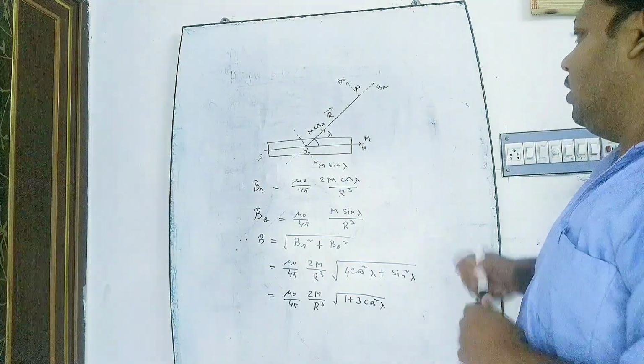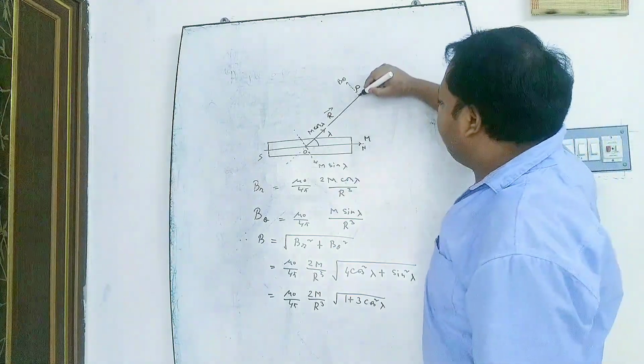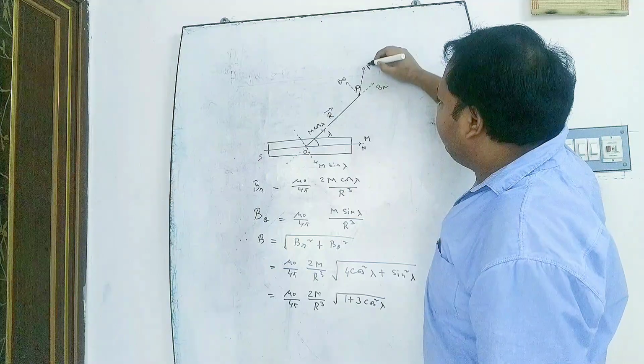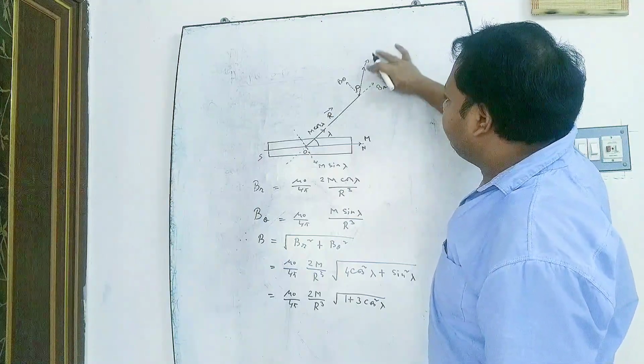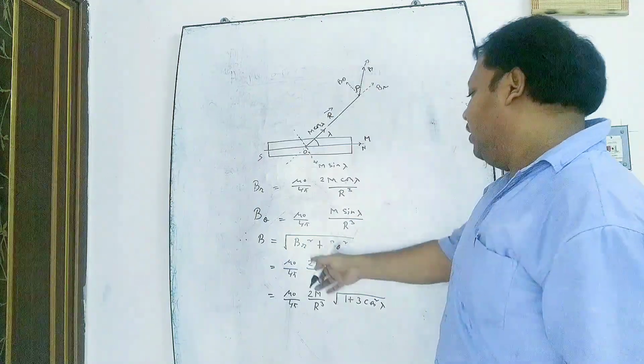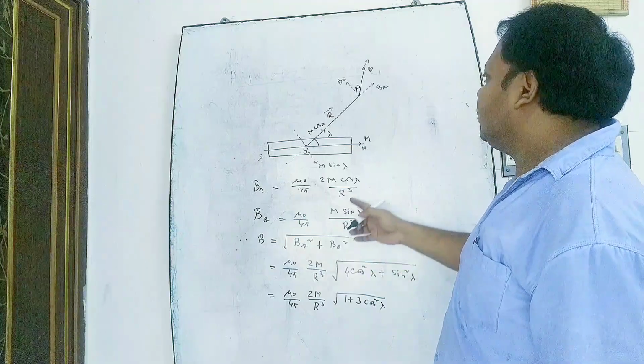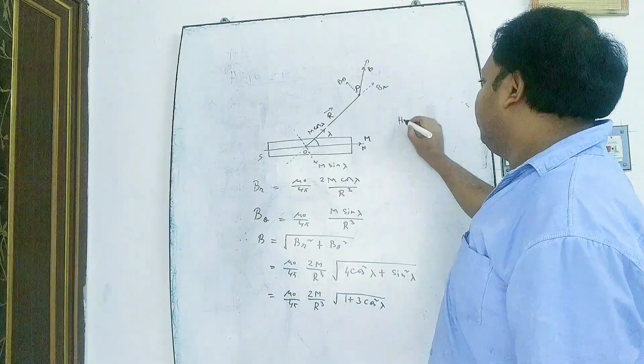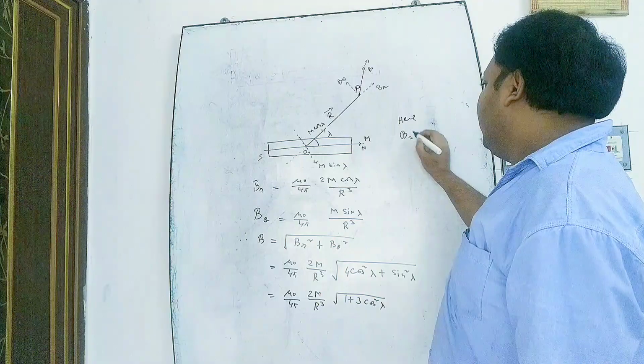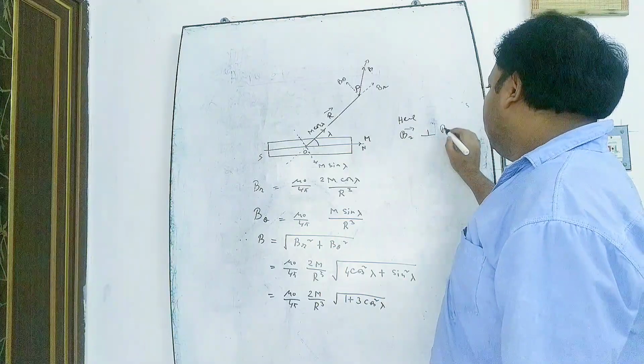Now the resultant magnetic field at the point P is B equal to under root of Br square plus B theta square. Here Br is normal to B theta.